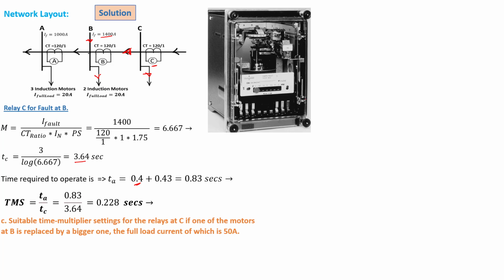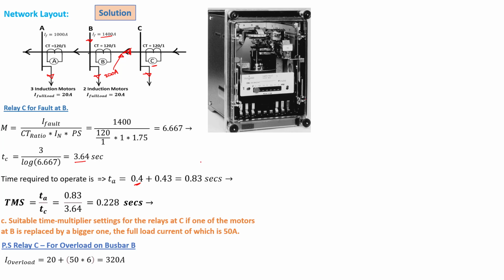Remember, we had the 200 amps of current being drawn from here to there. Now that was for all the motors being 20 amps full load. Now there is one motor with a 50 amps full load, so the overload current is going to change. So the overload will then be 20 plus 50 times 6.